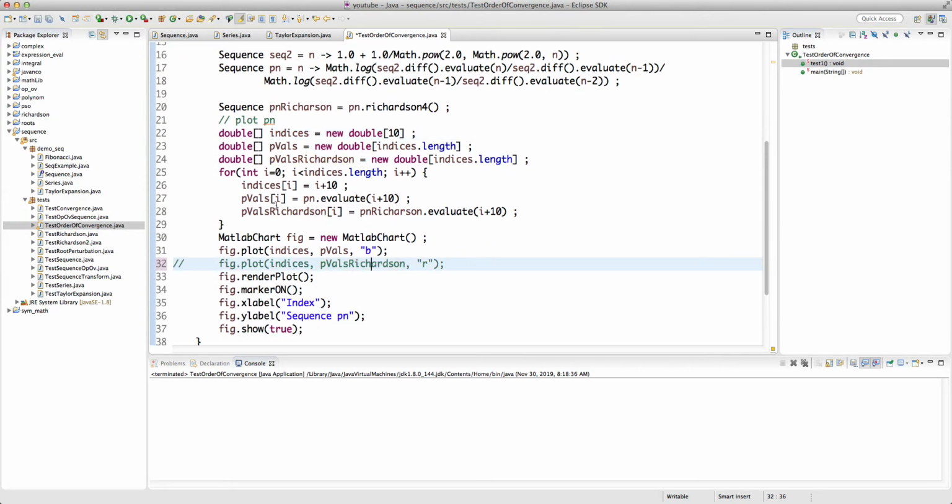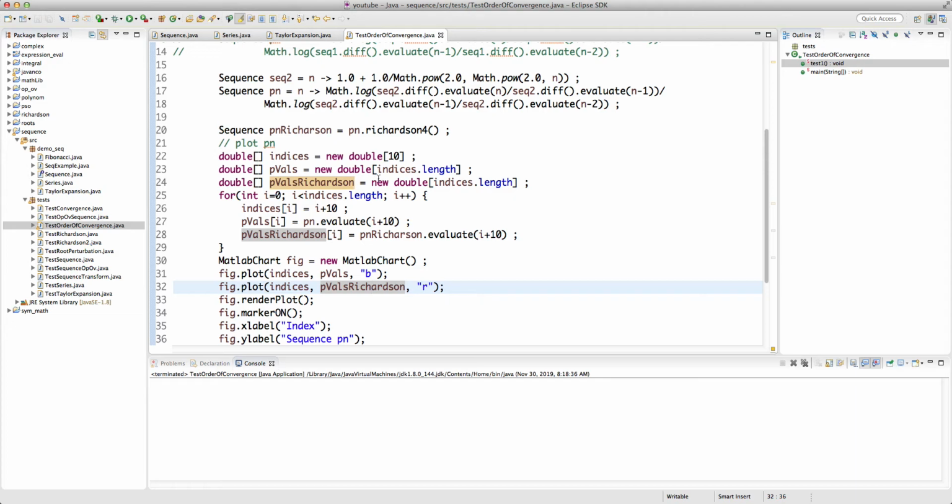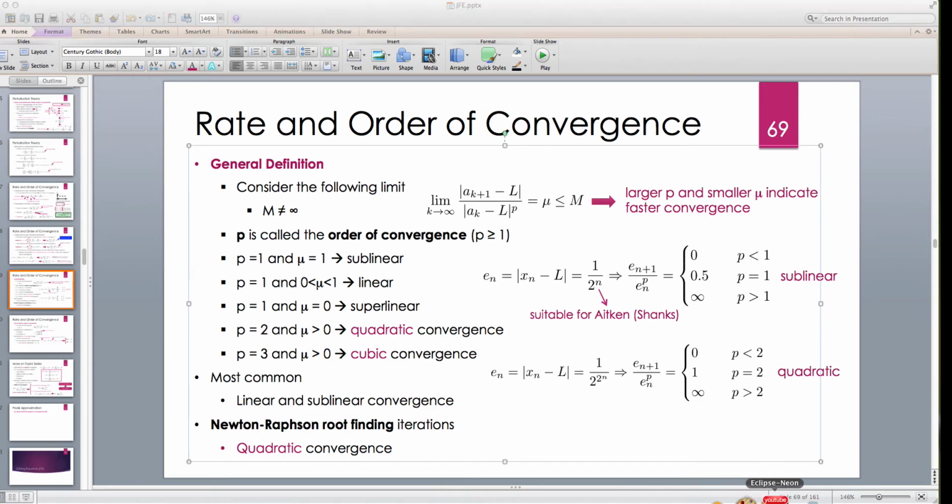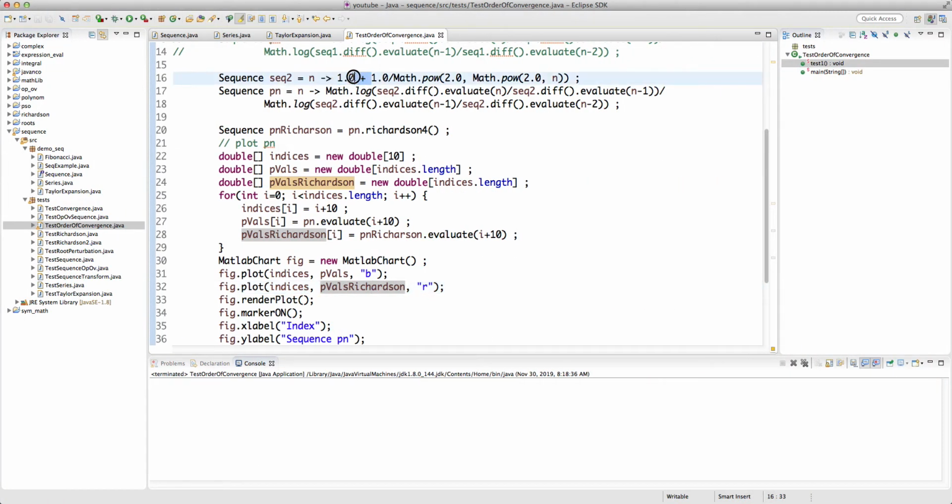Okay, so we're plotting p sequence, and let's see, 1/2 to the 2 to the n, right? And maybe n minus 1, n minus 2, everything looks the same. Let's go like plus 20, for example. Let's remove this Richardson, see if we can calculate Pn correctly.